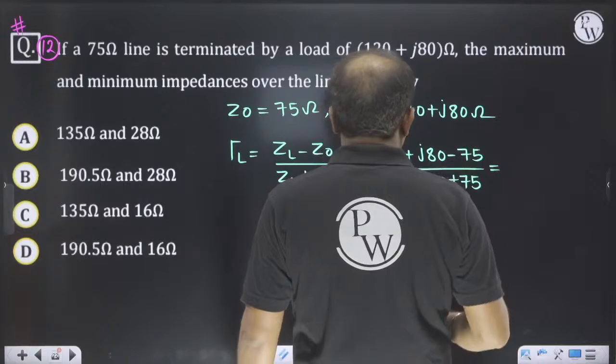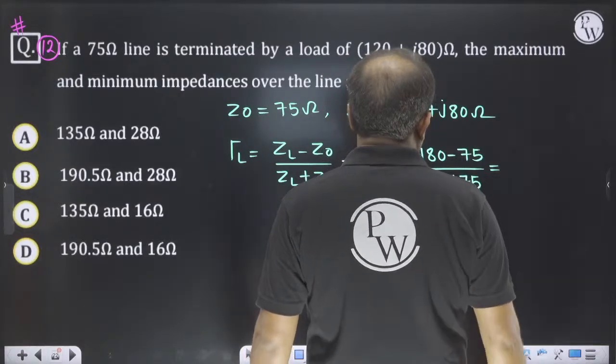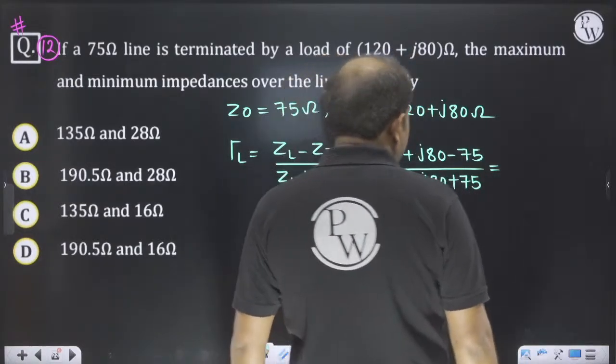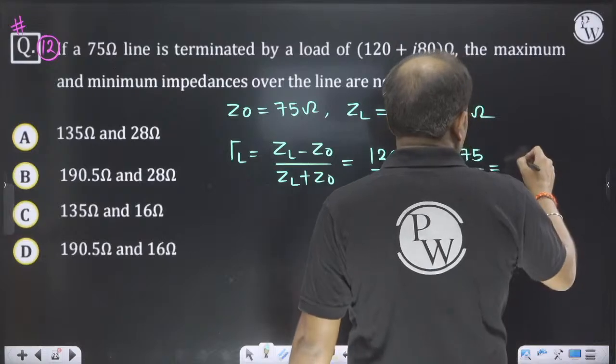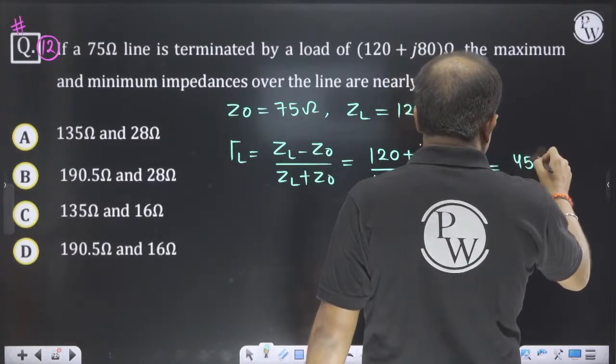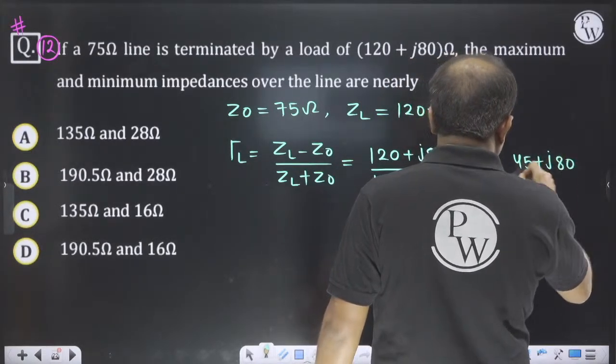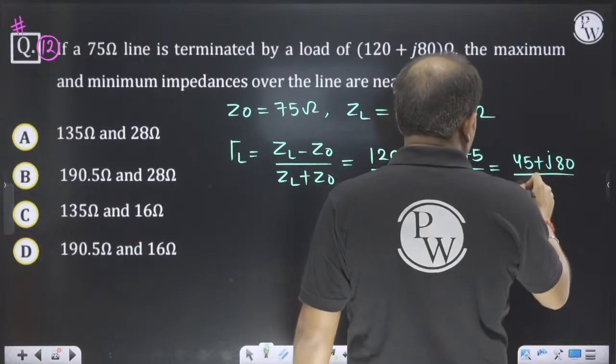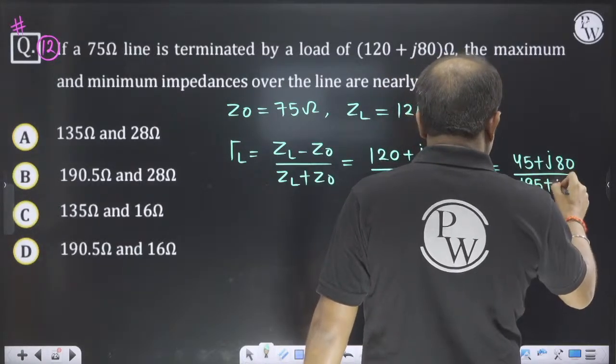Then what is the value? Numerator: 120 minus 75 is 45, plus j80. Denominator: 75 plus 120 is 195, plus j80.